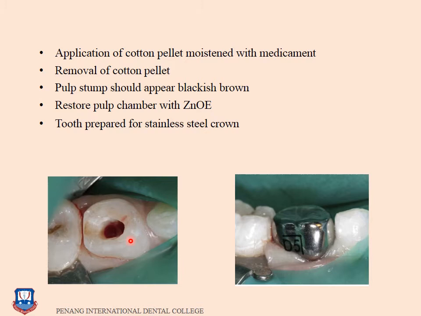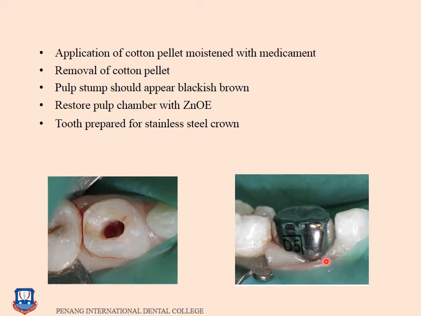Once the pulp stump appears blackish brown, you restore the pulp chamber with zinc oxide eugenol, and the tooth is then prepared for a stainless steel crown. As the post endodontic treatment, the stainless steel crown can be given to the patient.